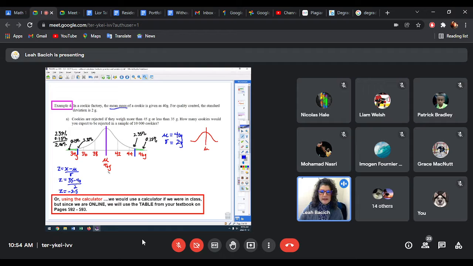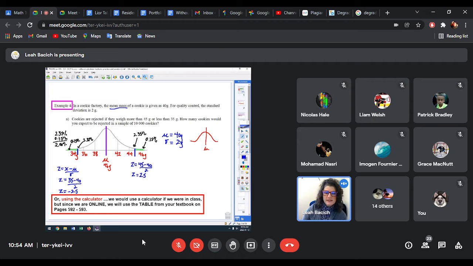To find the second one over here, I have z is equal to 45 minus 40 divided by 2, which is actually positive 2.5. So I need to find, if I take this one, I already know part of my answer. Because once I figure out what percentage is associated with this negative 2.5, I know this area.